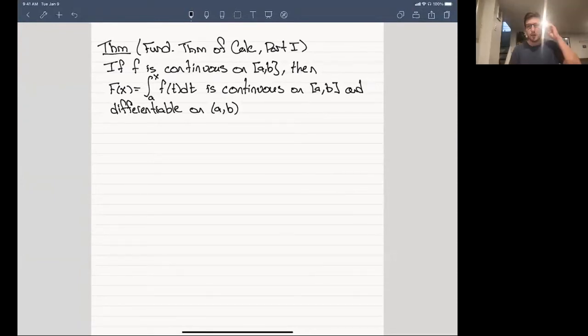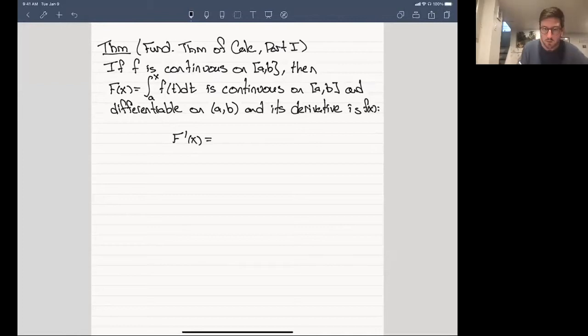In this case, you don't have derivatives at the endpoints, and that comes from the fact that you can only approach the limit in that derivative calculation from one side for the endpoints. So we typically say differentiable on the open interval, everything but the endpoints. And its derivative is f of x. What this really means is that F prime of x is equal to the derivative with respect to x of this integral term.